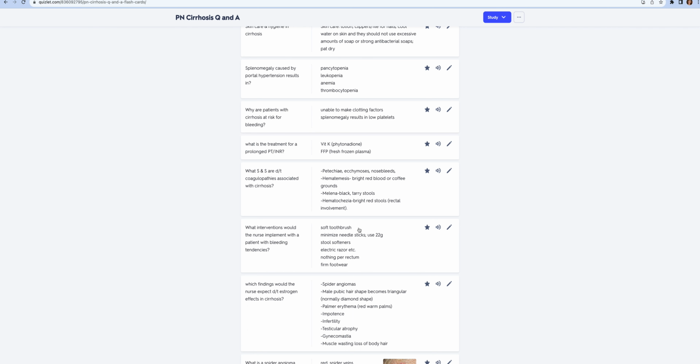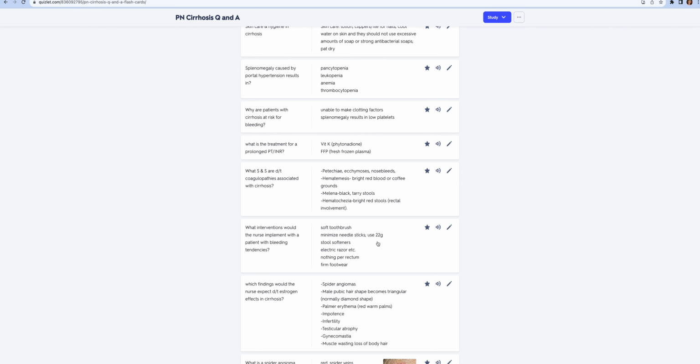You have to know what to do when somebody's on bleeding precautions, right? They need a soft toothbrush because you don't want their gums to bleed. Although I've never taken care of anybody who has died from bleeding gums, it's just a mess. Minimize needle sticks. So you want to be careful about putting in IVs. Use a 22 gauge. Use the smallest gauge possible.